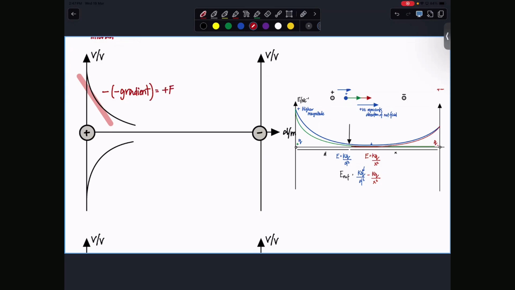Positive electric field strength, right? তোমরা যেটা করছো, you just took the negative value, কিন্তু আমাদের নেগেটিভটাকে কি করতে হয় to get the answer? পজিটিভ করতে হয়। আর এটা কি gradient? Positive. So negative of positive gradient will give you what electric field strength? Negative electric field strength. এখন আমাকে বলো কোনটা হবে? উপরেরটা হবে। কেন?